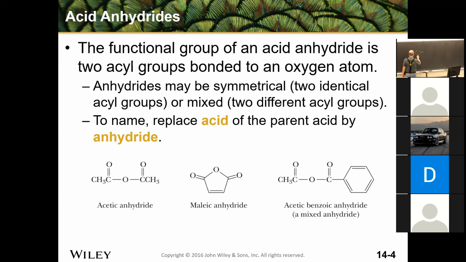In the IUPAC, this would be butenedioic acid. We could say it's cis. We could say 2-butenedioic acid, but there's only one place we can put the double bond. It turns out that the trans isomer is called fumaric acid.